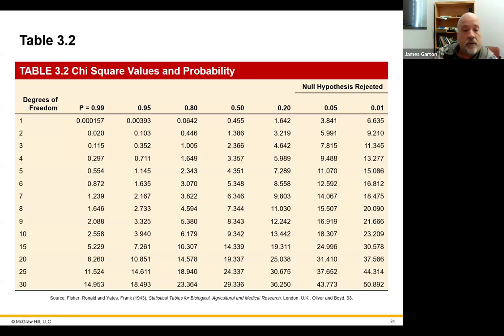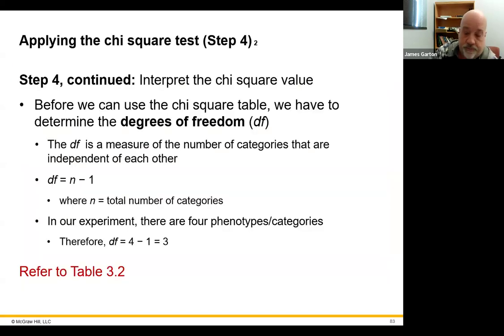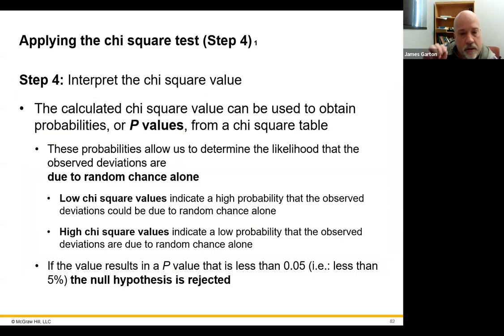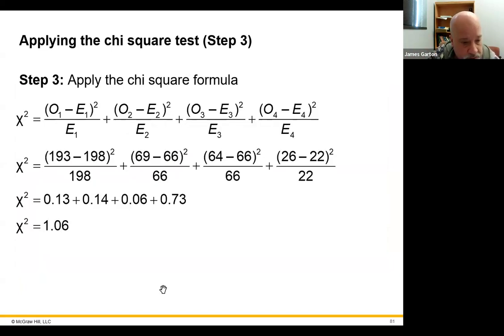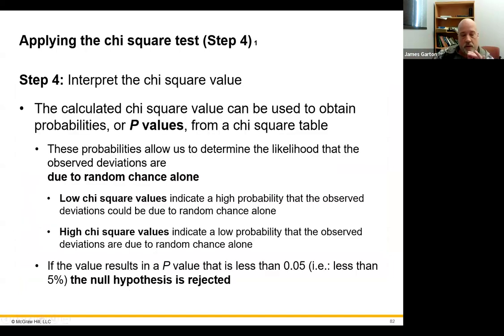Now, here are the chi-square values that you use. Now you have to look at that table and see. Now, the lower this number is that you calculate here for chi-square, the more likely it is that the observed values that you see are due to random chance alone.